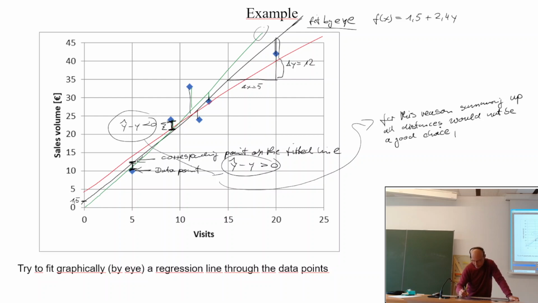So maybe the sum of all absolute values would be a good choice.